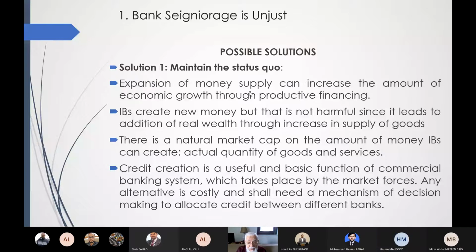If we take this proposition, it means conventional banks can create 11 times more money than Islamic banks. Islamic banks cannot create that much money. This is one point. And is creating that much money hurtful or not hurtful? That is another question. Again, we need to discuss it.